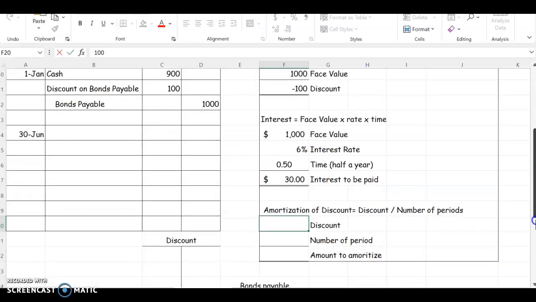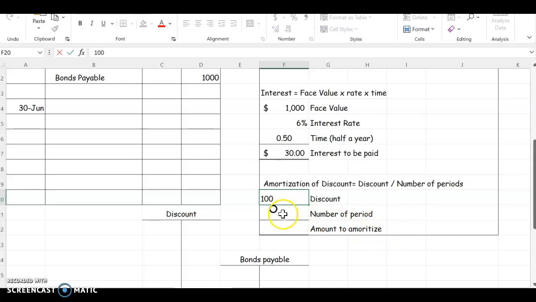So the number of periods would be 10. So the amount to amortize, we take the discount and divide it by the number of periods. So we're going to amortize $10 each period. Every single payment period, which we have 10 of, we're going to amortize this bond by $10.